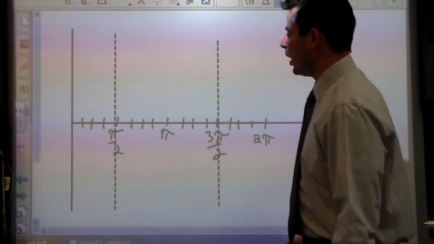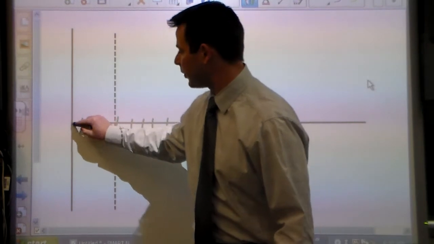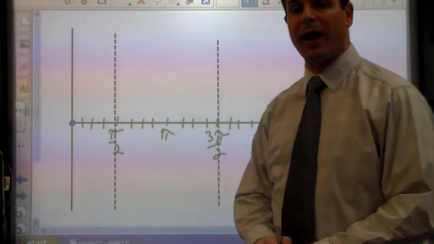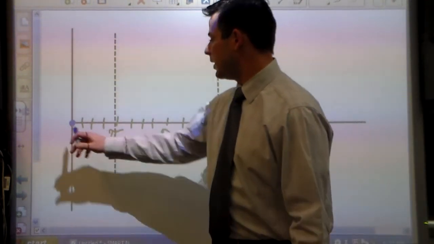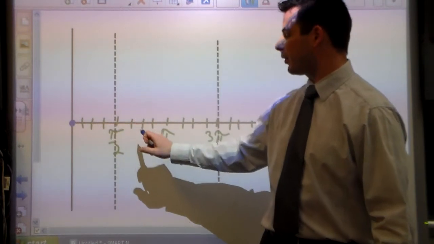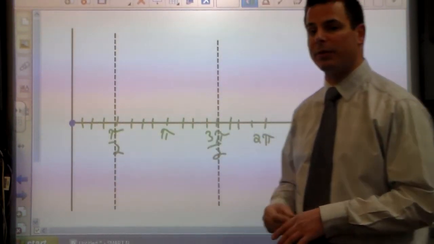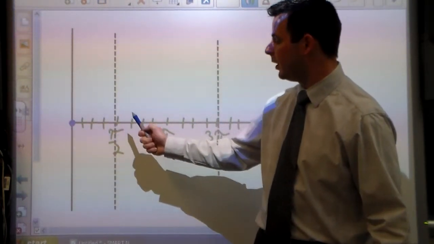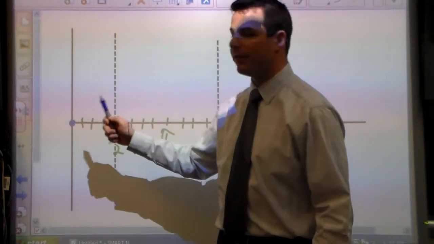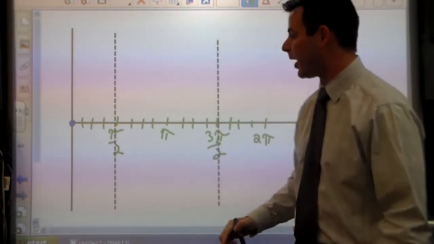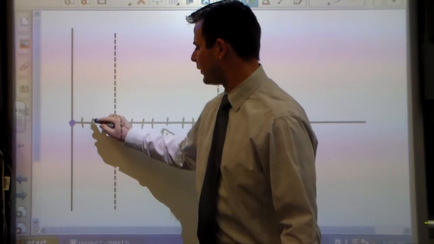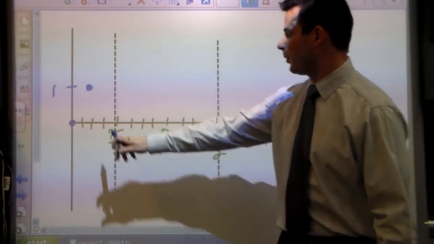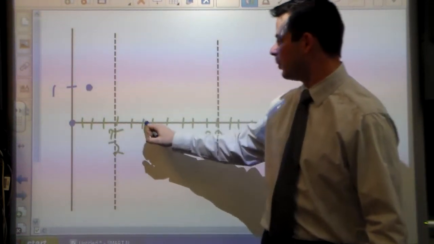So now I'm going to take the tangent of 0. Well, the tangent of 0 is 0. And then I'm going to calculate each multiple of 45 degrees to find the value of tangent. Since each 4 boxes represents pi over 2, every 2 boxes represents pi over 4. In degree measure, each 4 boxes represents 90 degrees, which means 2 boxes represents 45 degrees. So I'm going to plot every 2 boxes. Well, the tangent of 45 is 1. Every 2 boxes, we have an asymptote here, 2 boxes later.